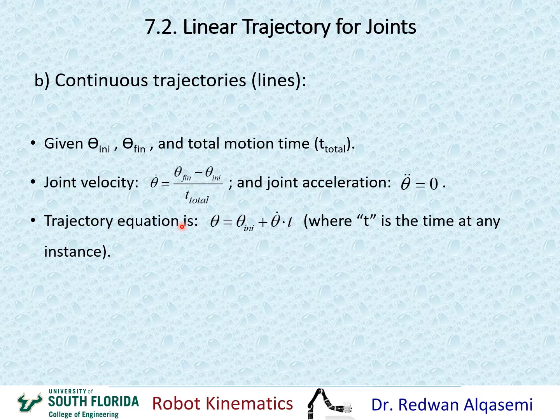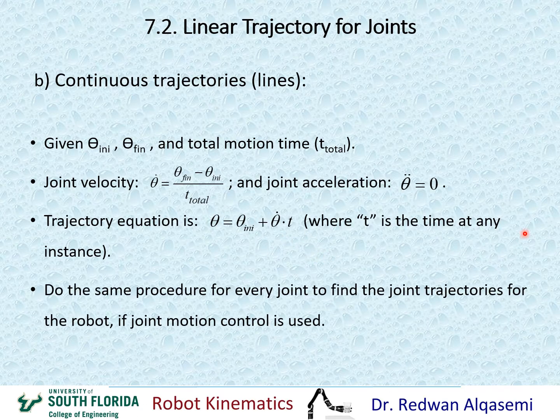So this is a linear equation of first order, and basically if we need to find theta, the position of theta at any moment in time, all we have to do is substitute that time here, and multiply that by theta dot, which is already found from the previous step, and then add to that theta initial, which is given information. So at any moment in time, I can find out where my theta is in the trajectory.